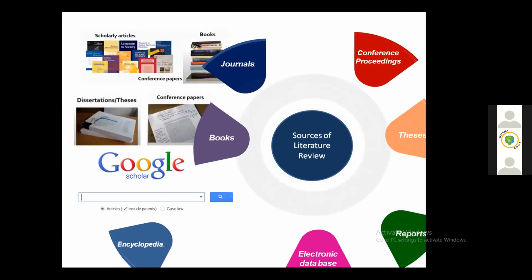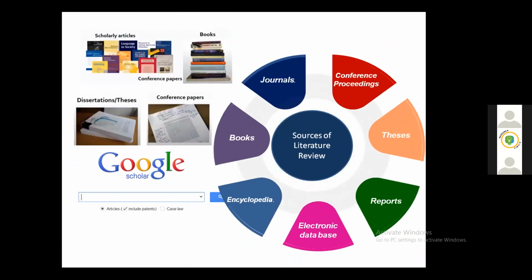Now, you can see that the sources of literature include journals. Whenever we talk about literature, people may start with a journal. Then conference proceedings, theses, reports, electronic databases, encyclopedias, books, etc. All those things are sources of literature.